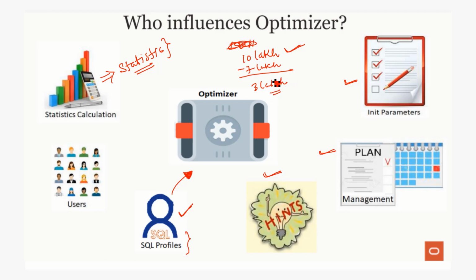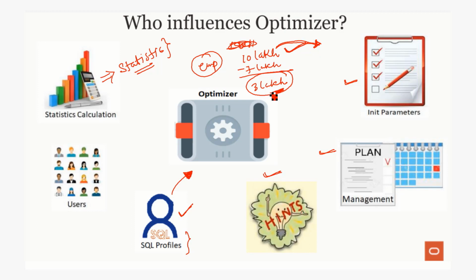The optimizer is not aware of the current statistics of the EMP table. It thinks that 10 lakh rows are still there, and it makes the plan according to 10 lakh rows. But currently only 3 lakh rows are present. So obviously, if the optimizer is not aware of this, it will generate a bad plan because it is thinking that 10 lakh rows are there.